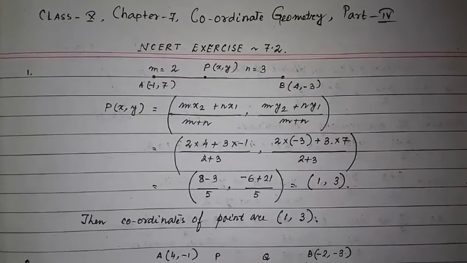Find the coordinates of the point which divides the join of (-1, 7) and (4, -3) in the ratio 2:3.